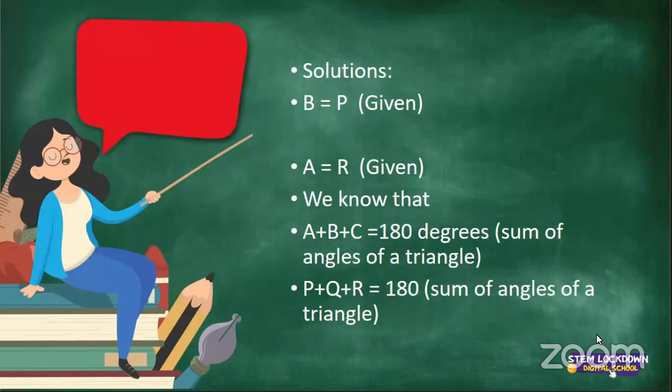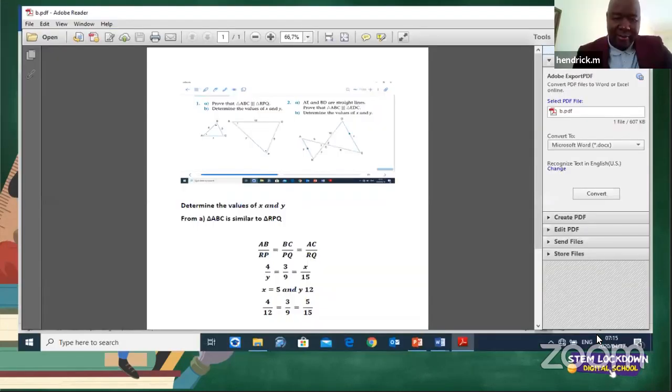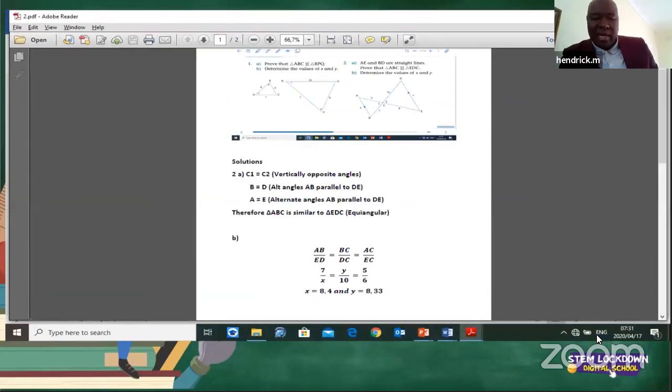Just given the following work, which we have done. This was the first one. And of course, the second one is that we have said that C1 is equal to C2. And of course, those are vertically opposite angles. B is equal to D, alternate angles, because AB is parallel to DE.